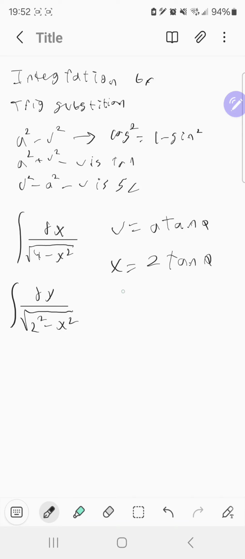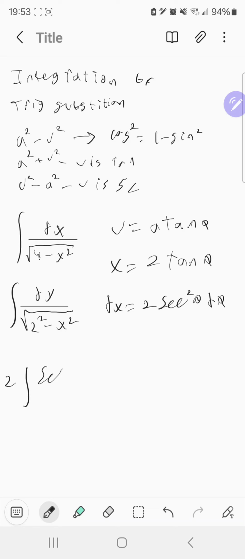Now, we can take the derivative of this to get dx is equal to 2 secant squared theta d theta. We can move this 2 outside to the front.